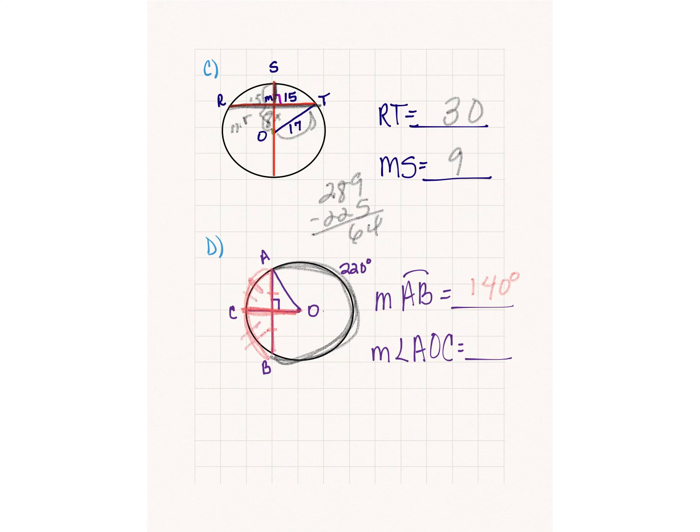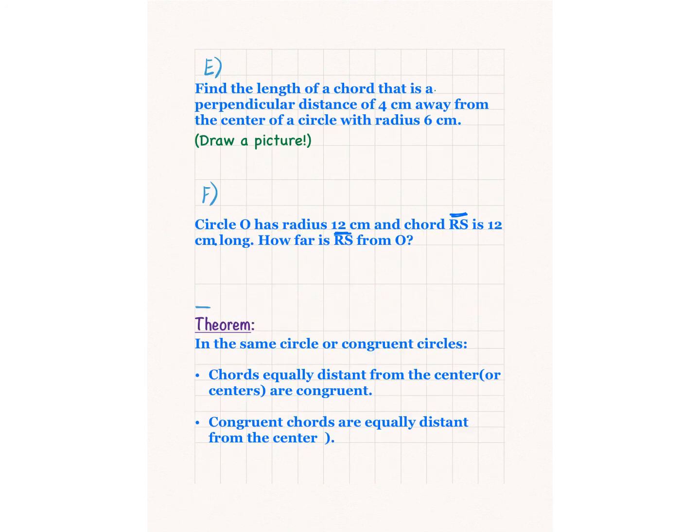So arc AC is 70. Knowing that central angles have congruent arcs, that angle is also 70 degrees. Make sense?